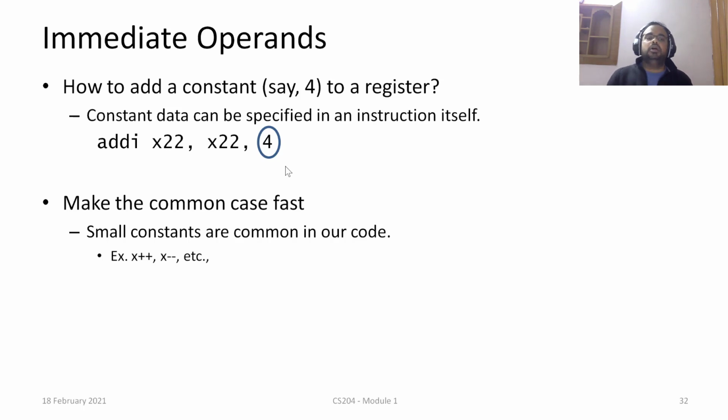If we want to perform an increment on x, we simply write x plus plus, but what it actually translates into is addi. Let's say x is present in register x20, so x plus plus translates to addi x20, x20, 1.